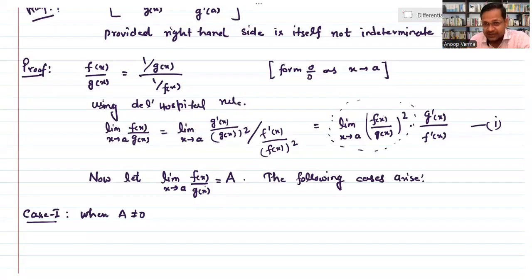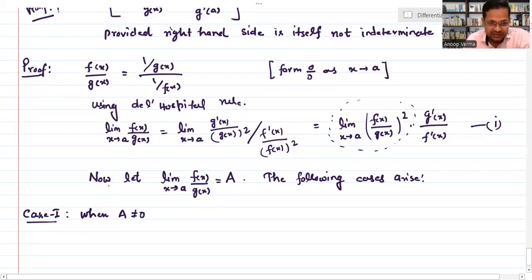But if you get the limit, what is the limit? It's a finite non-zero limit, or it's the infinite limit. In other cases we will discuss. So first we consider that a is a non-zero finite number.